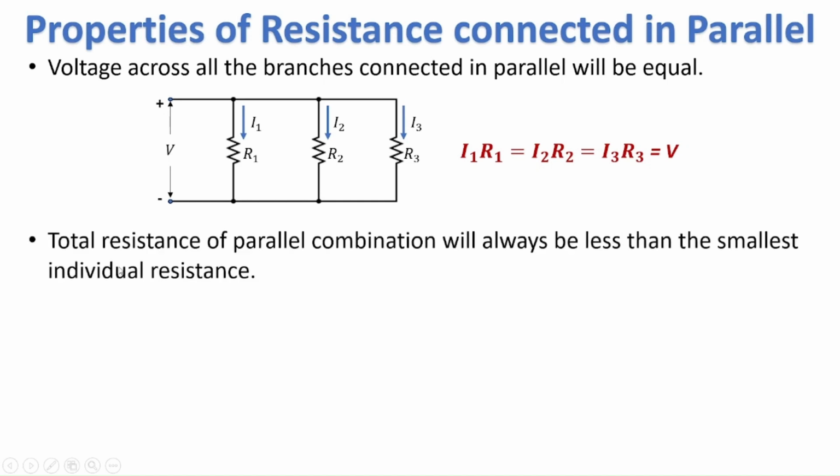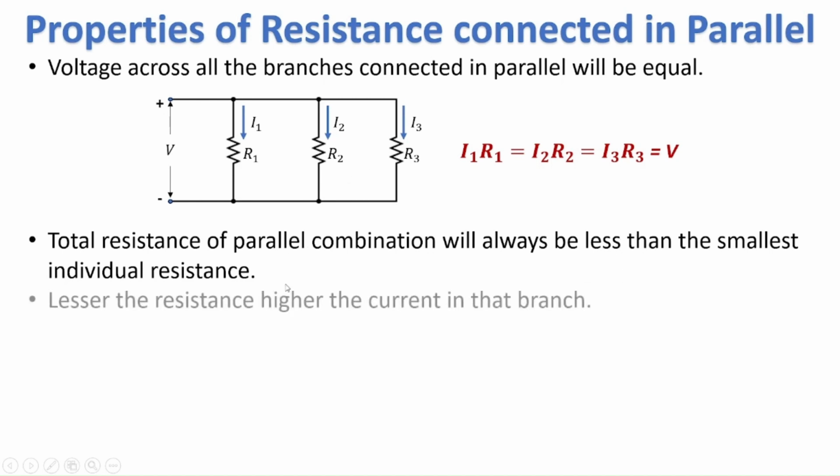The second property says the total resistance of a parallel combination will always be less than the smallest individual resistance value. Like there are n resistances connected in parallel. Whatever is the lowest resistance in this combination, when you calculate the total resistance of the whole combination, it will come out to be less than that smallest individual resistance value.